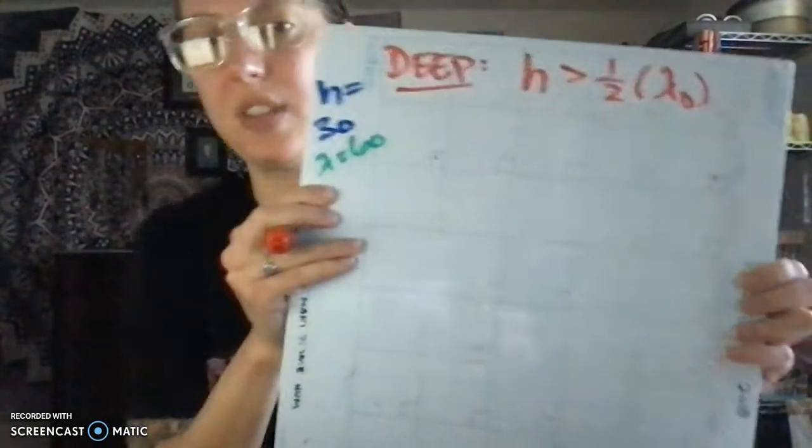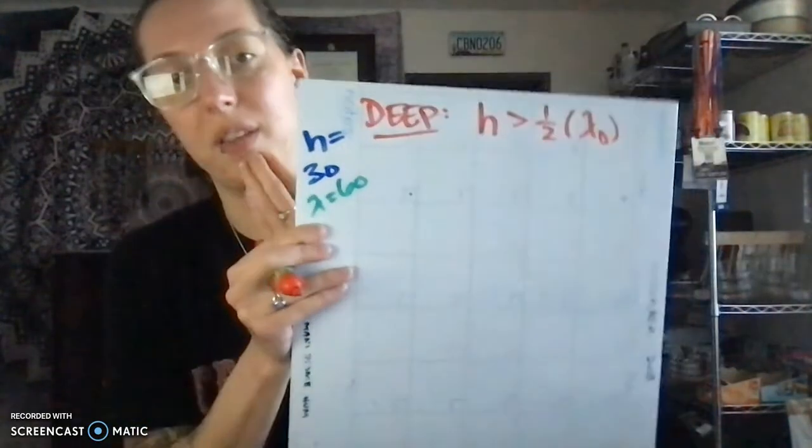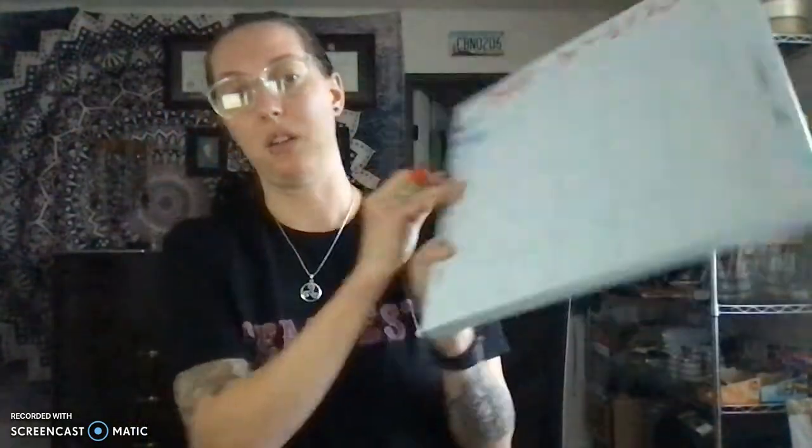Off to the side here, I'm going to say H is equal to 30. And then I'll say the wavelength, which is lambda, that weird upside down Y thing, in deep water is, I don't know, 60. Okay, so now I have that written off to the side here. And by the way, you can do this on a whiteboard and then just take pictures of it and record that, or take pictures of that. That is totally fine with me.